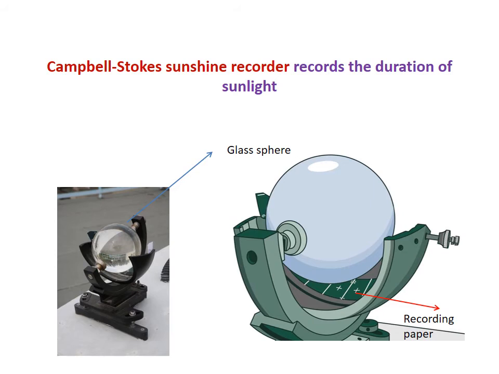For that we generally use something called the Campbell-Stokes sunshine recorder. As you notice, it has a very prominent glass sphere which acts like a lens, catching the sunlight coming from all directions, and it is led to a calibrated paper fixed below the sphere.